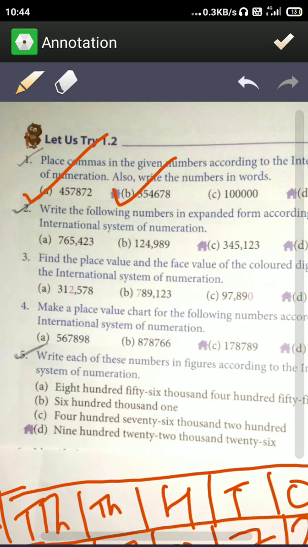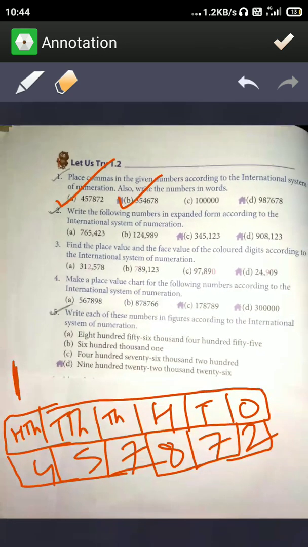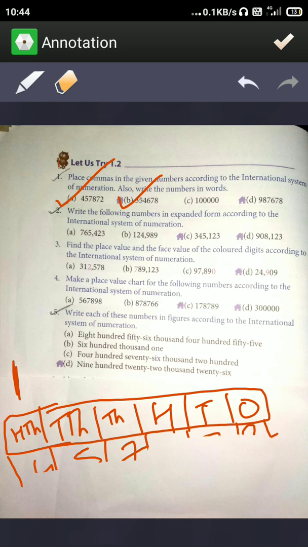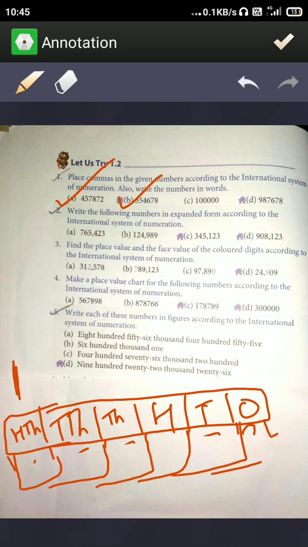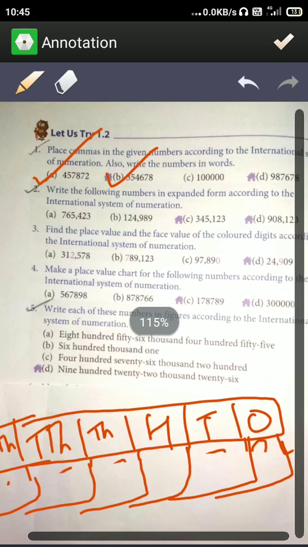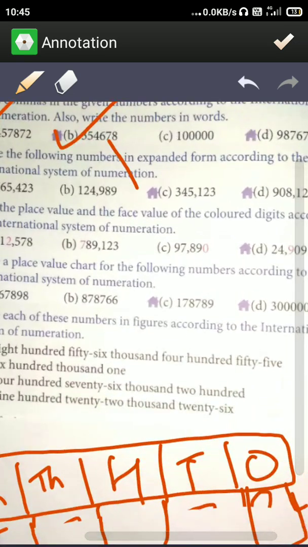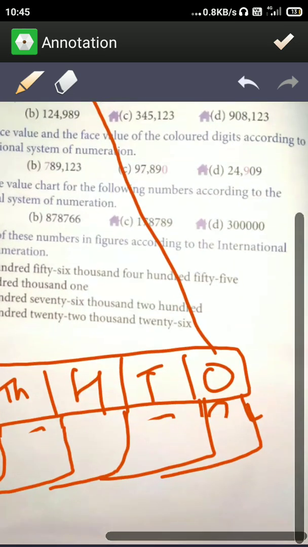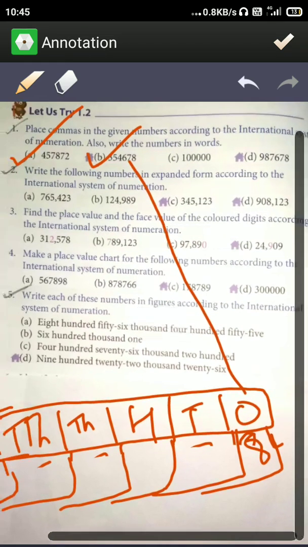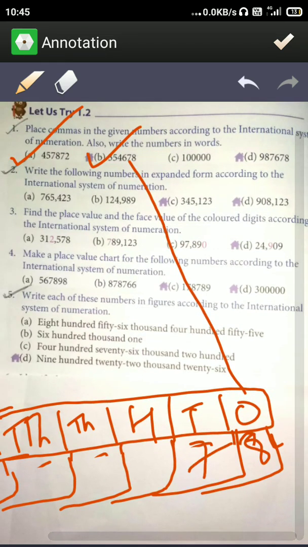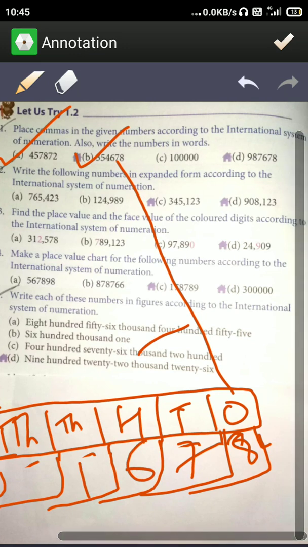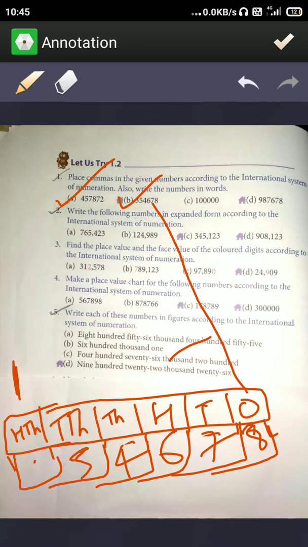354678. Okay, so we'll again place this number from the last side: 8, 7, 6, 4, and 5, 3.